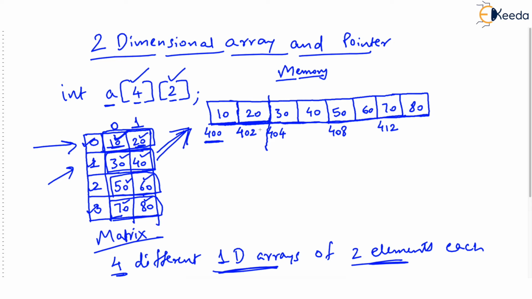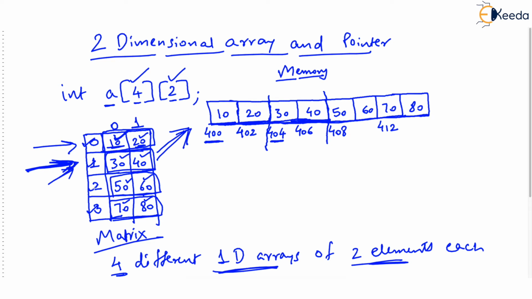Now what is then stored after that? At 404, the immediate location, the values of the next row have been stored. Values of the next row are 30, 40. So you can see that 404 and 405 will store 30, and 406 and 407 will store 40. Between 404 and 407, values of the first row have been stored.